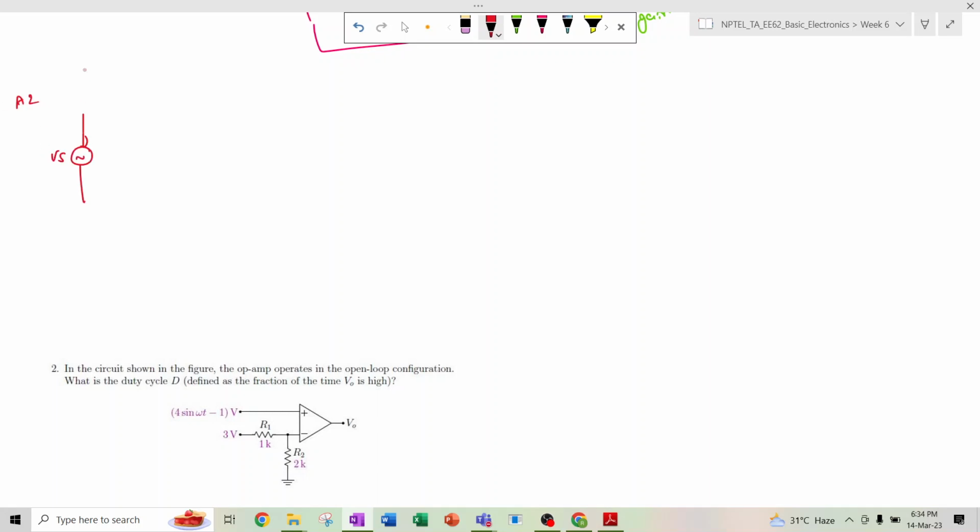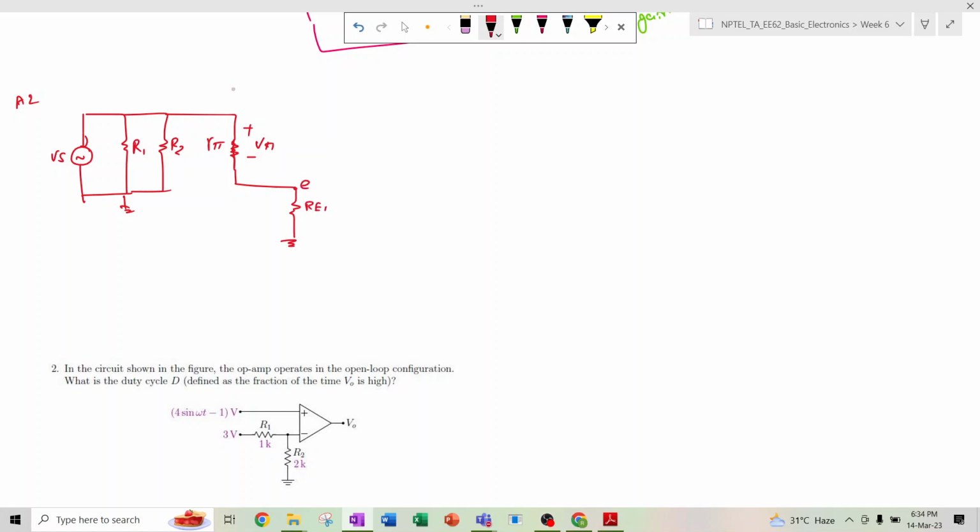A2 configuration. So there will be Vs, there will be R1, there will be R2, all connected to ground, and then there is R pi, across which the V pi drop is there, and then here is RE1.